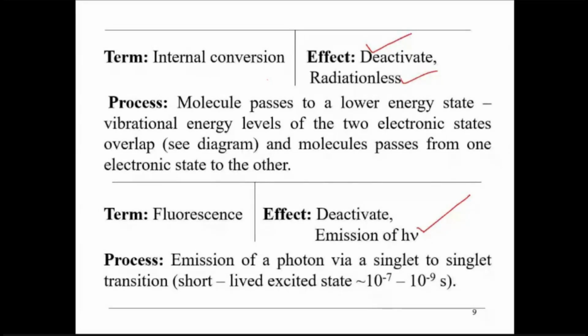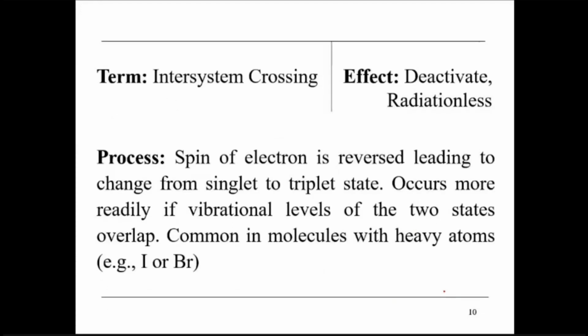It is a short-lived excited state, 10 raised to minus 7 to 10 raised to minus 9 seconds. Next, inter-system crossing. This is a deactivation process and it is a radiationless process. In this process, the spin of the electron is reversed, leading to a change from singlet to triplet state.